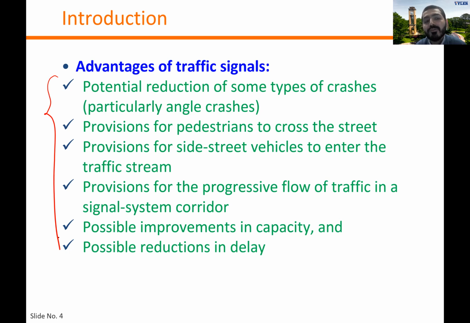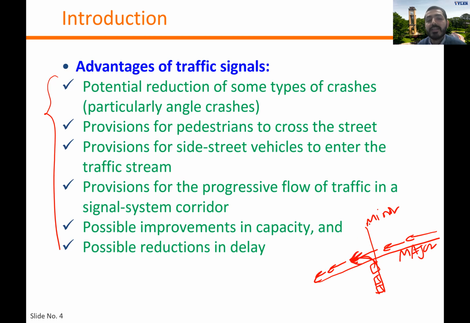A traffic signal also provides provisions for side street vehicles to enter the traffic stream. Sometimes we have an intersection with a major roadway and a minor roadway, and traffic piles up at the minor street, wanting to join the major street. If there is no traffic signal, especially when the major road is highly trafficked, it is hard for those vehicles to join the stream.